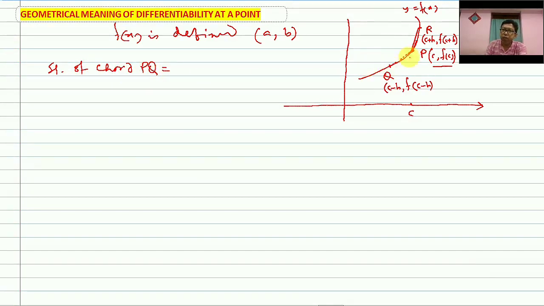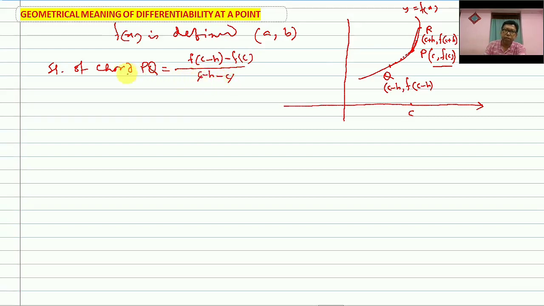What will be the slope of this one? You know, if 2 coordinates are given, then the slope is y2 minus y1 divided by x2 minus x1, isn't it? So its slope will be f of c minus h minus f of c upon c minus h minus c, and you may cancel these two c.